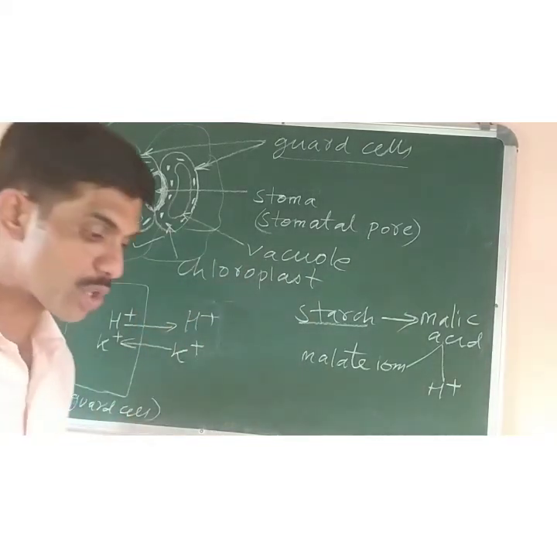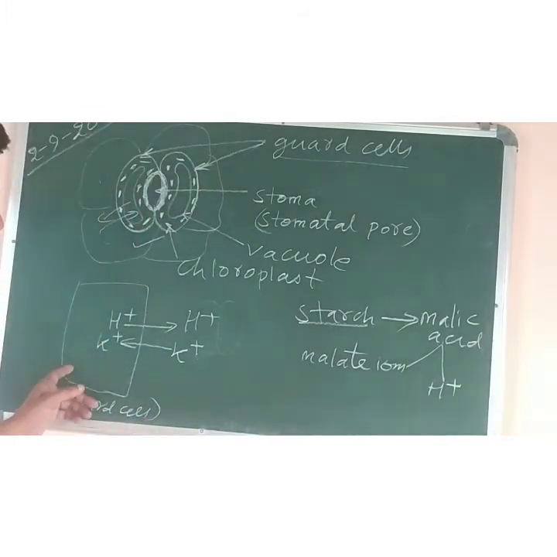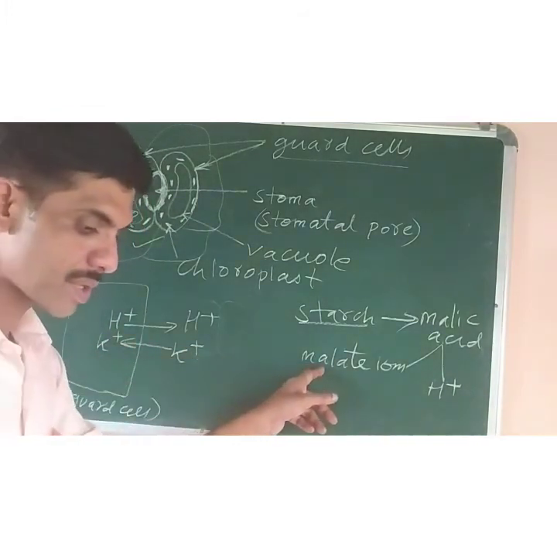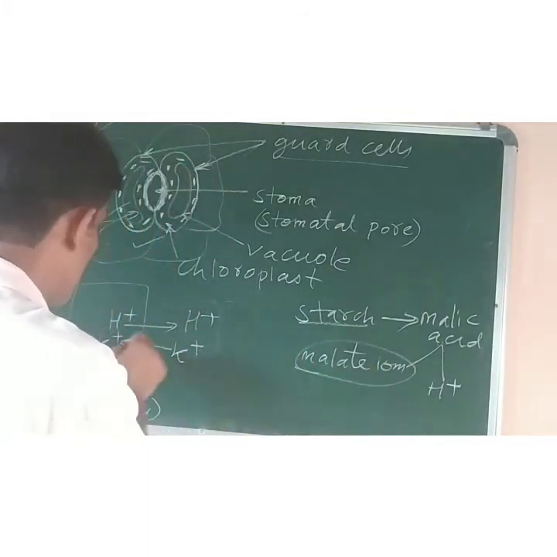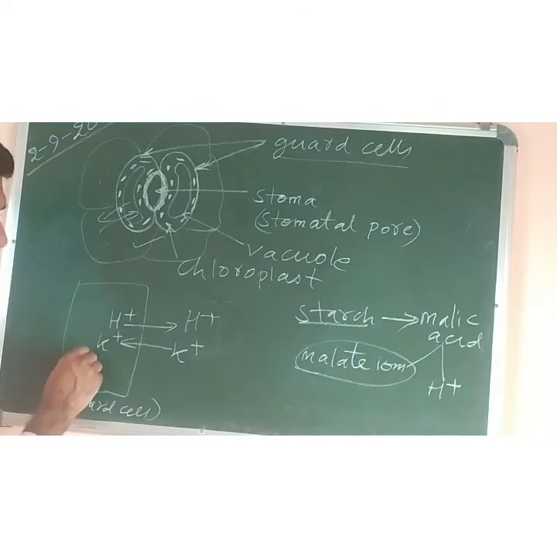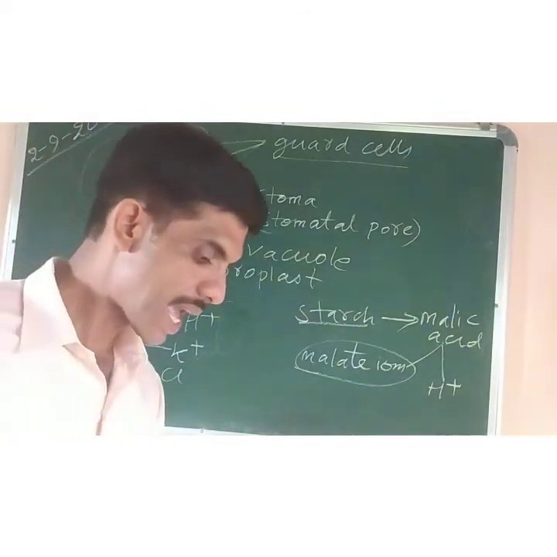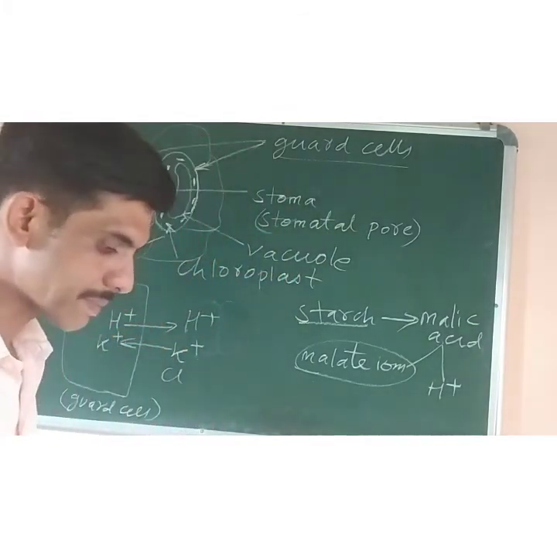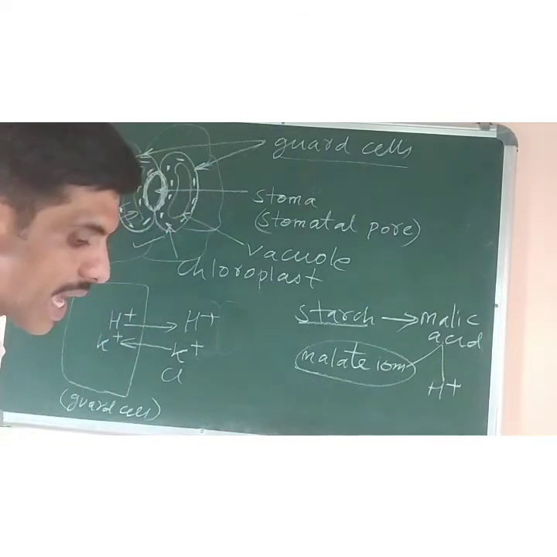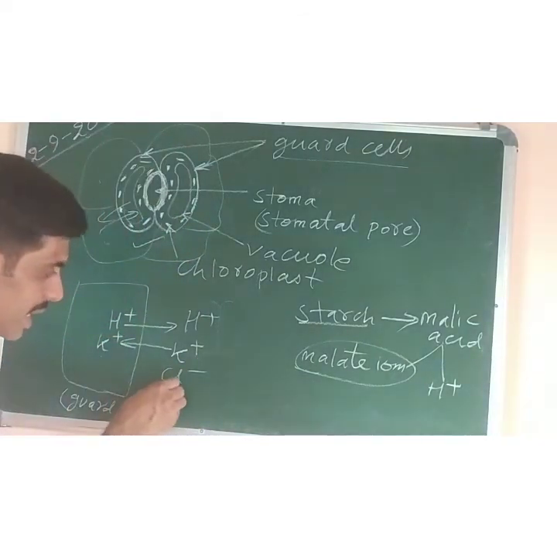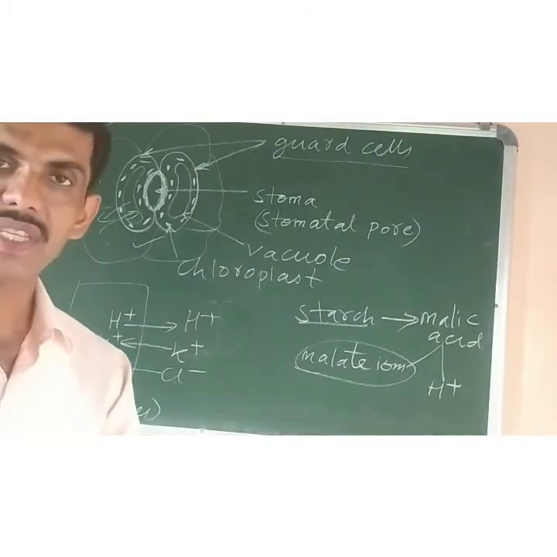This movement is called ion exchange, and the K plus ions are balanced by the malate ions, which are already present in the guard cells because they were produced there. Along with that, some chloride ions, that is Cl minus ions, are also taken inside the guard cells from the subsidiary cells.